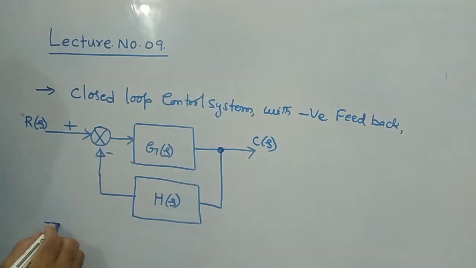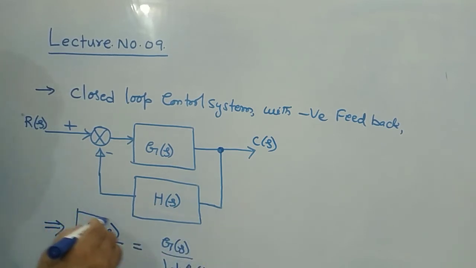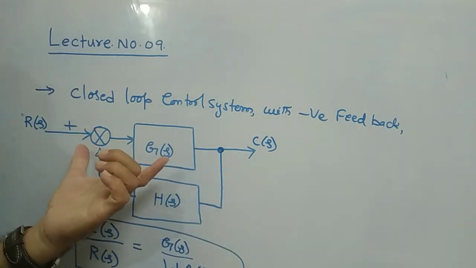And for this block diagram representation, for the negative feedback, we have already seen the result. In block diagram reduction, the transfer function C of S by R of S is equal to G of S by 1 plus G of S into H of S. We already know this.